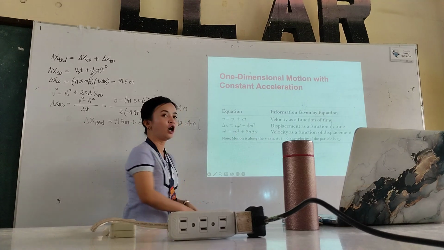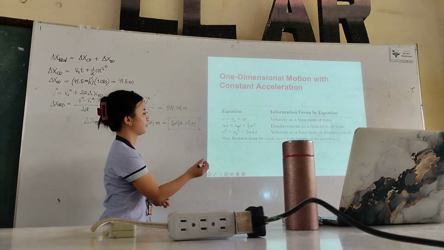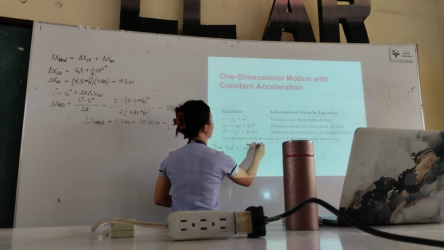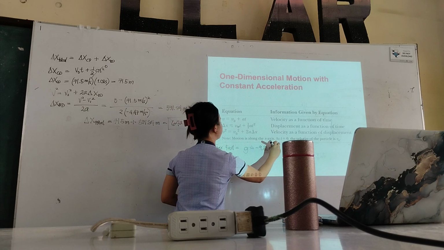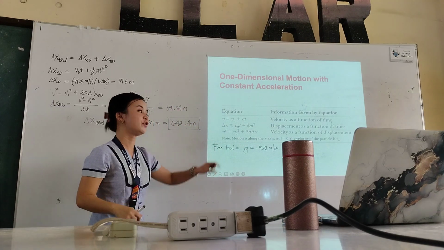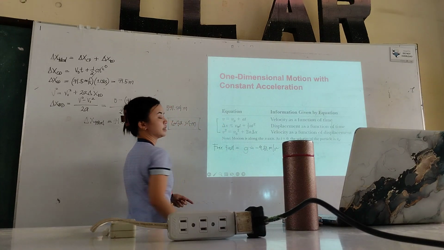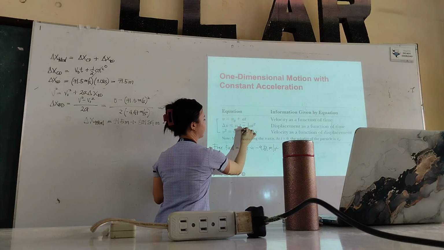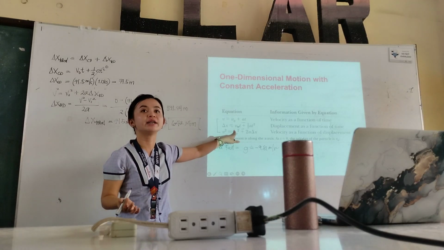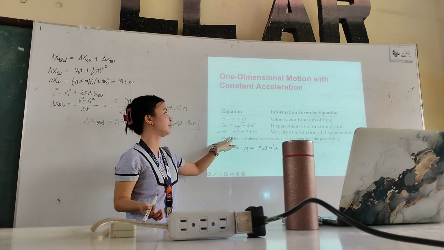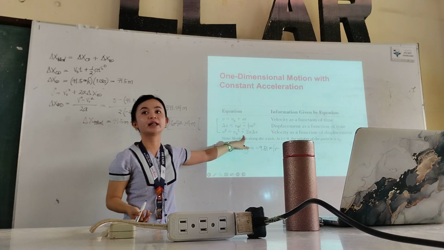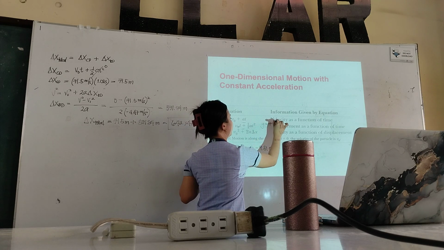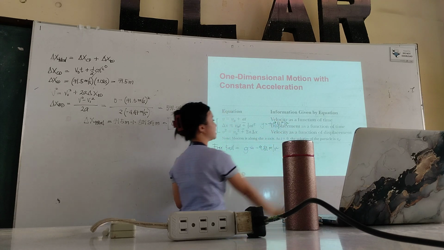So always take note, in free fall, your g is equal to negative 9.81 meters per second squared. If your equations are as above, you use this. But if your equation is negative, V O t minus 1/2 g t squared and V O squared minus 2g delta y, you use g positive 9.81 meters per second squared.